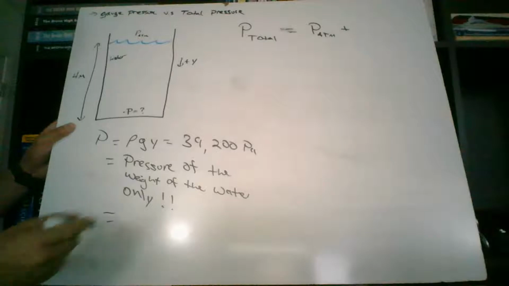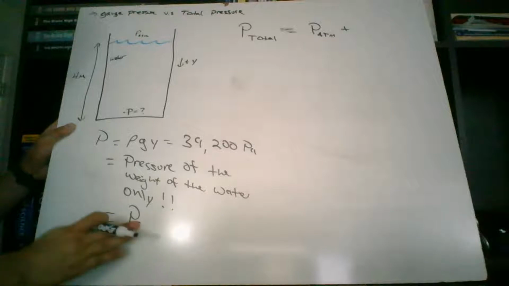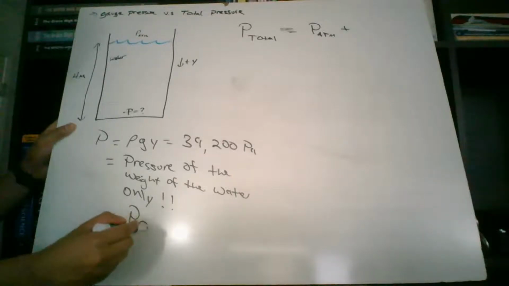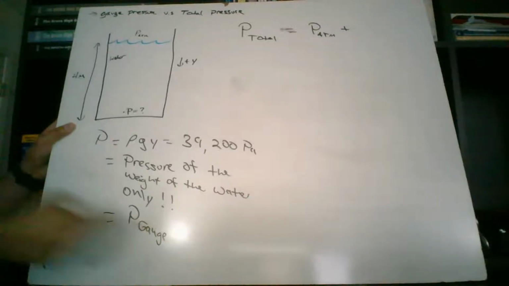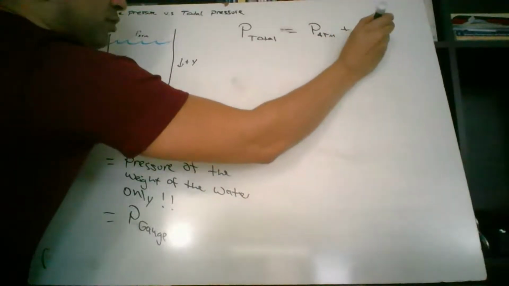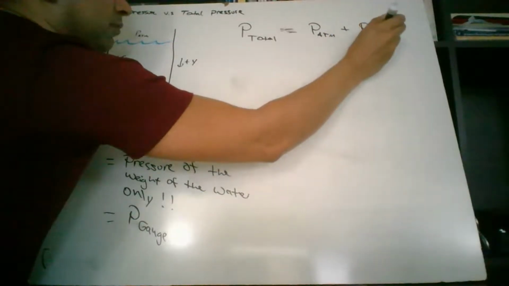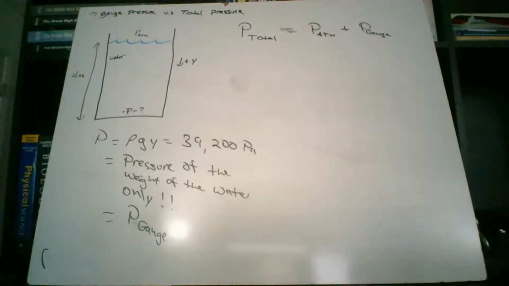That's called the gauge pressure, P gauge, G-A-U-G-E. So we're going to add to it the pressure due to the gauge. And so that's our equation right there.